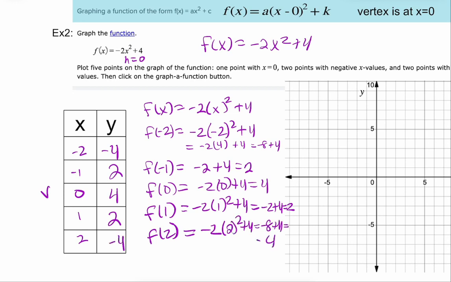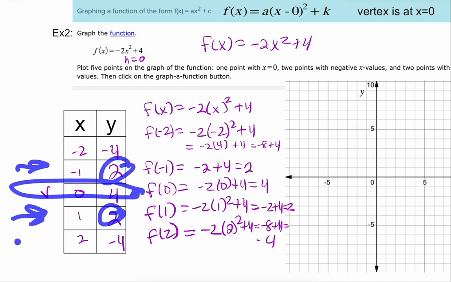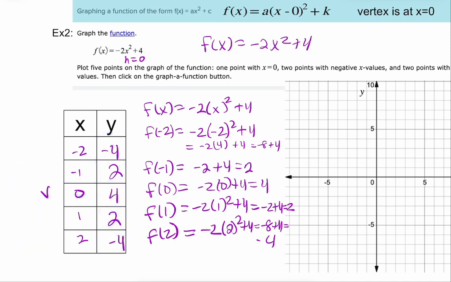-4. So if you have chosen the correct vertex for a parabola, the two x values you plug in right next to it, equal distance away from the vertex, should match. And then equidistant again should match. And that should keep going on and on like that forever and ever.